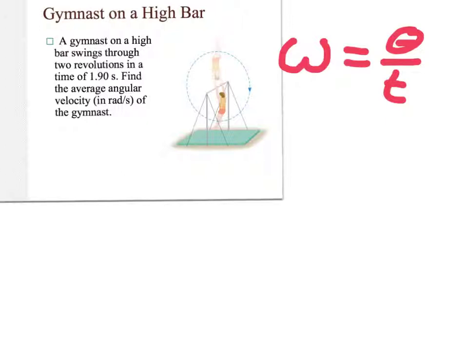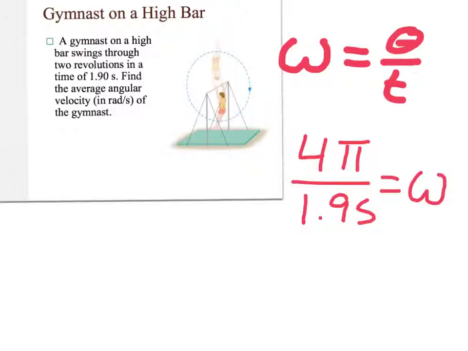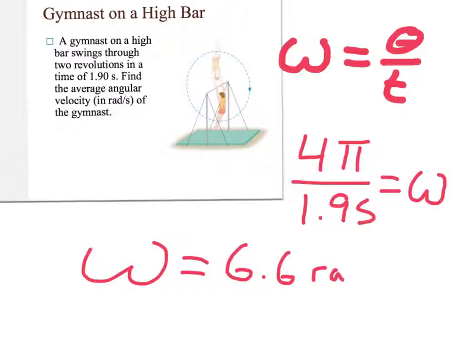If the gymnast swings around twice, the angular displacement is 4 pi. Divided by 1.9 seconds is equal to the angular velocity. So angular velocity is 4 pi divided by 1.9, which is 6.6 radians per second.